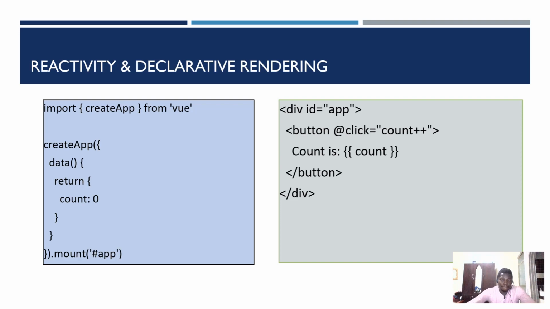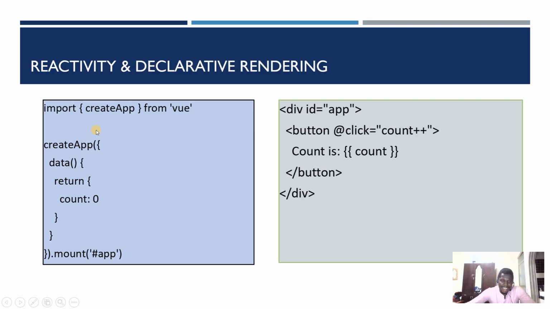I'm going to show you. Let me explain the reactivity and declarative rendering of Vue.js with a very basic minimal example. These are extracted from the official documentation. On my left-hand side, we have the JavaScript code.